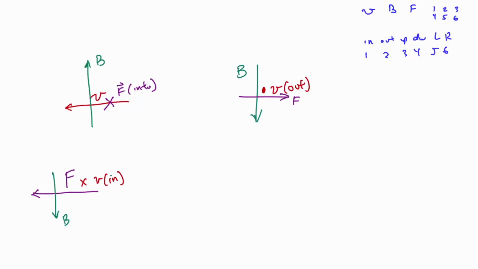Let's do a negative charge one. Okay, so 2, that's magnetic field, right? And up. So magnetic field is up. The velocity is right.